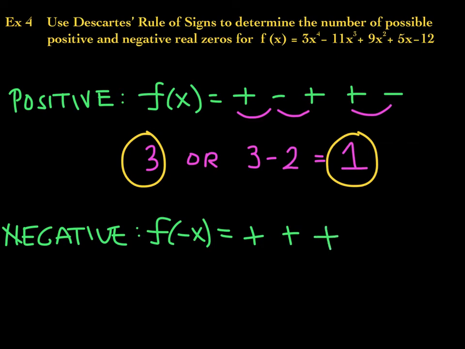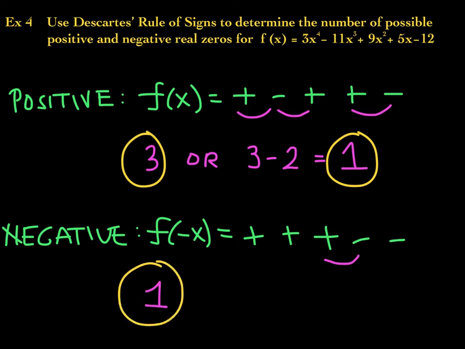And then here, when you let x be negative x, it turns this whole term negative. And then the last term is negative 12. Okay, so when I count the sign changes, I only count 1. So there will only be 1 negative real zero.